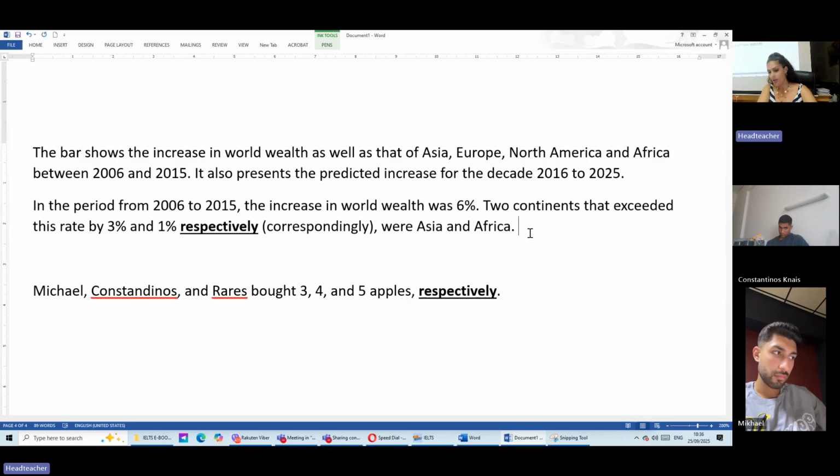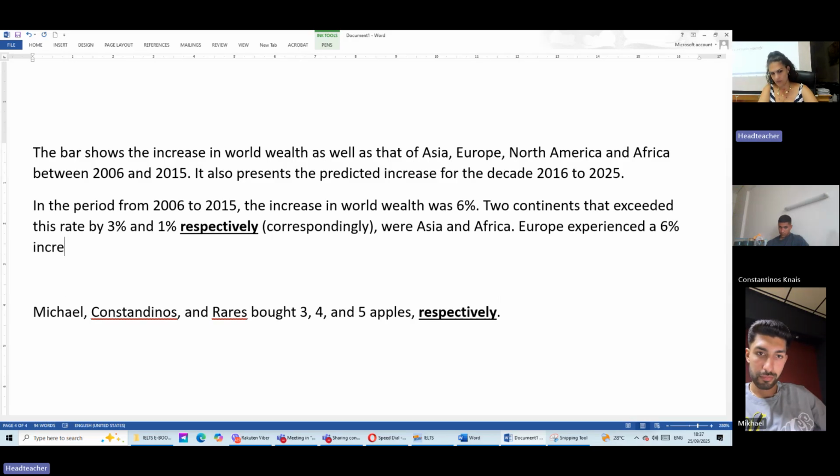So Europe experienced a 6% increase, or rise, or growth, which is the same as that of the world overall.